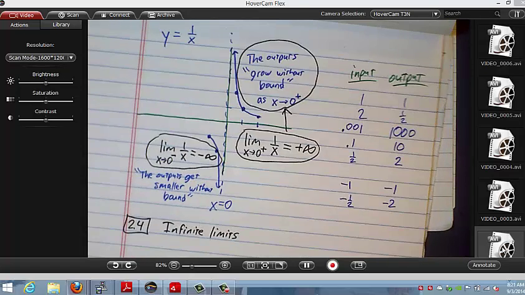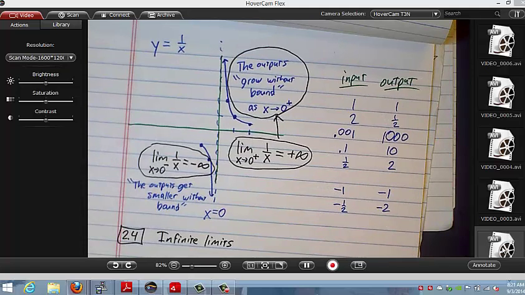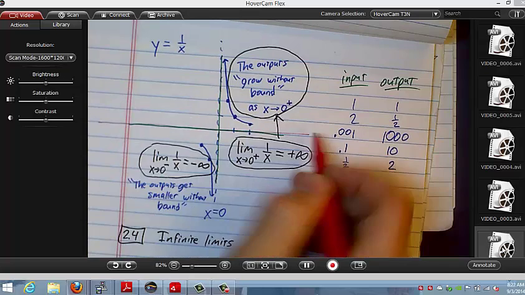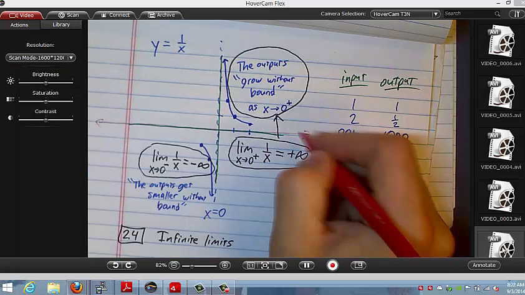Does y equal 1 over x have another asymptote? It doesn't have another vertical asymptote. Go ahead. Wait, give me the name. Jacob. Jacob, go ahead. Y equals 0. Y equals 0 is also an asymptote. You guys with me on that? So let me talk just a little bit about the line y equals 0 being an asymptote.